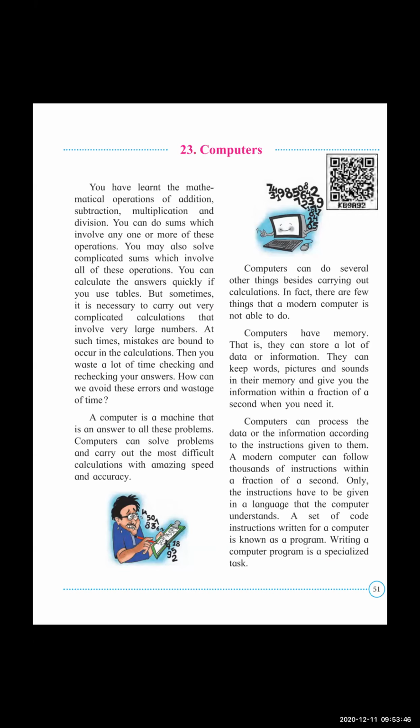That means 2 2s are 4. That is your multiplication, as well as the division also. 6 divided by 2. So you do the table. 2 3s are 6. That becomes 3, which is your division. Yes or no? All this we can do on our fingers. We can do it orally.